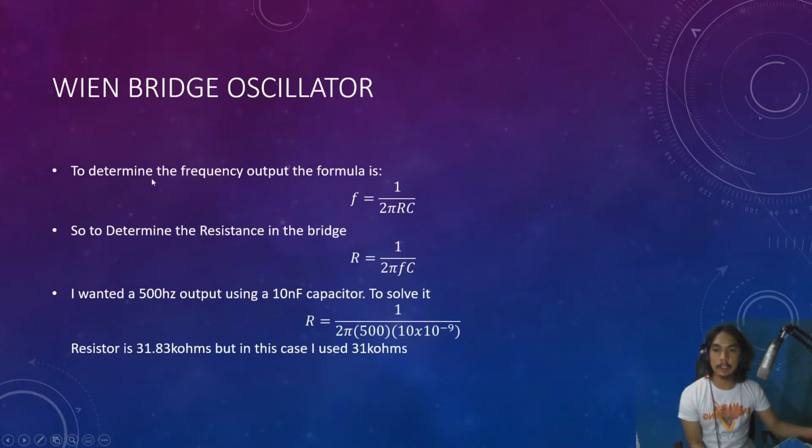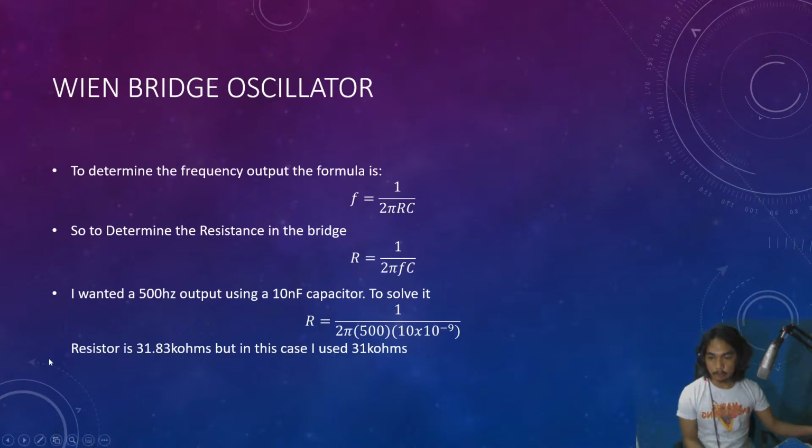To determine the output frequency, the formula is frequency equals 1 over 2 pi RC, wherein R is the resistor and C is the capacitor. To determine the resistance in the bridge, R equals 1 over 2 pi FC, where F is the frequency.